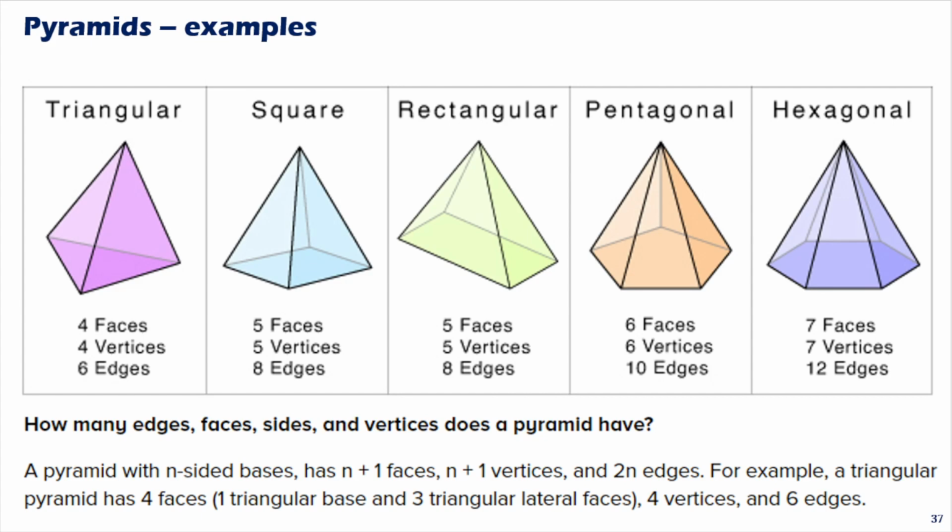For example, a triangular pyramid has 4 faces, consisting of 1 triangular base and 3 triangular lateral faces, and 4 vertices and 6 edges. This is a very useful pattern you should remember.